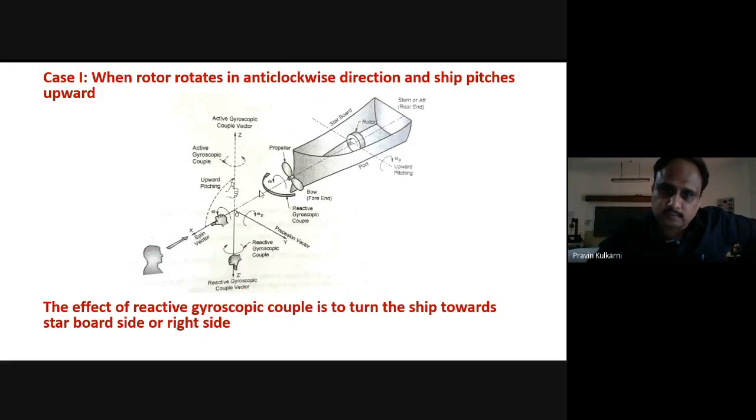Okay. The effect of the reactive couple is to turn the ship towards starboard or right side. The ship is made to turn towards the right.